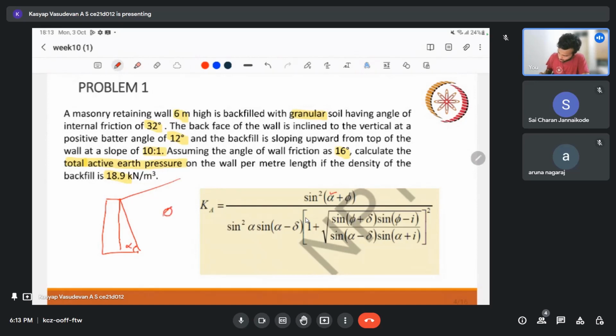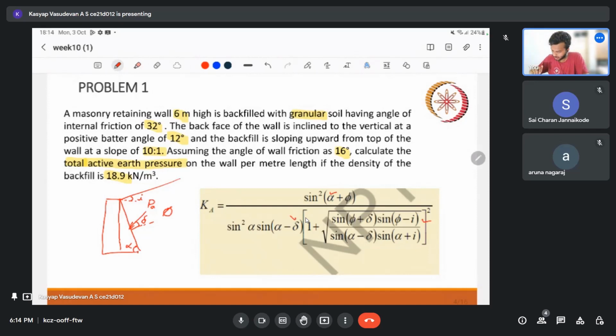Phi we already know for the soil, and delta is, if this is the perpendicular, the load will act at an angle of delta with the surface. It's true for any surface: if we have an angle of friction between any surface, the load will act at that angle. So that is there, and we have the inclination i. So i is also done. Alpha is there, phi is there.